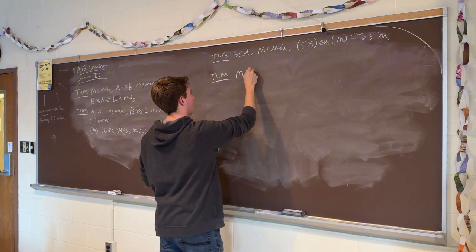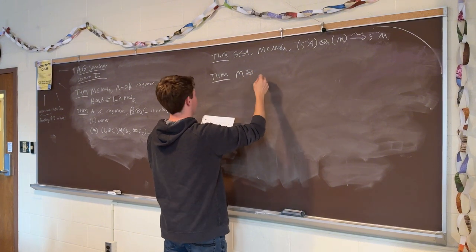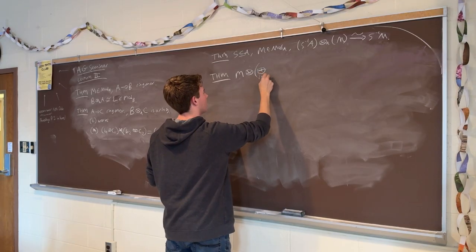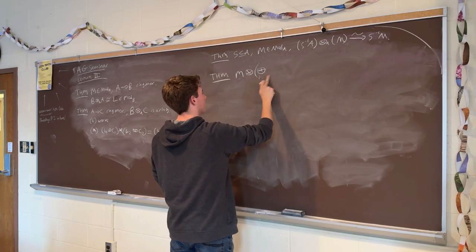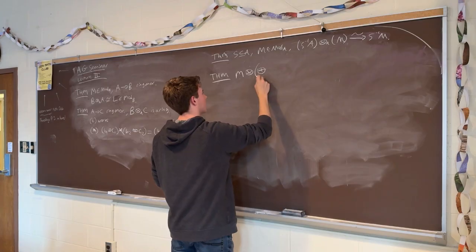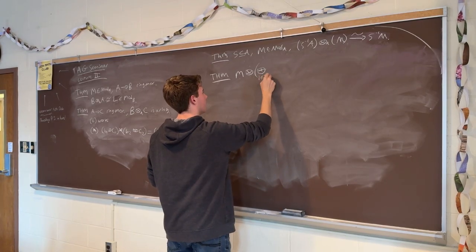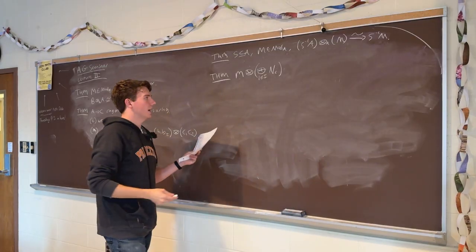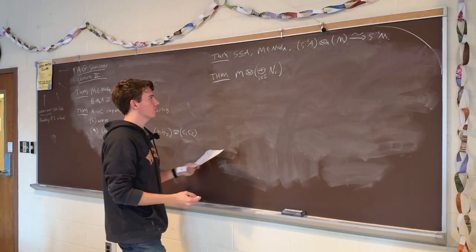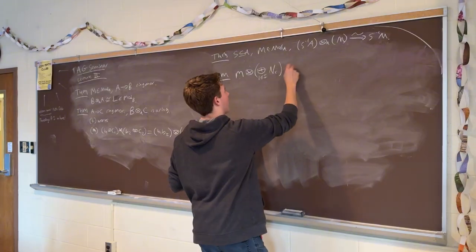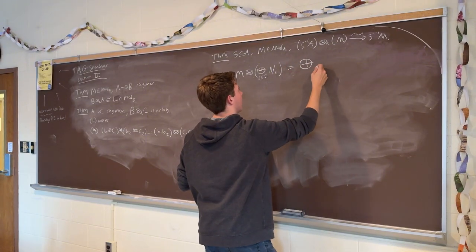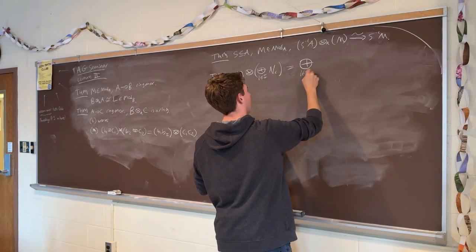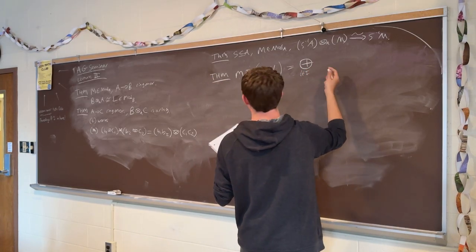So M, with all of the usual setups, sorry about that. If M and N are A modules for all I, then tensor products commute with direct sums.